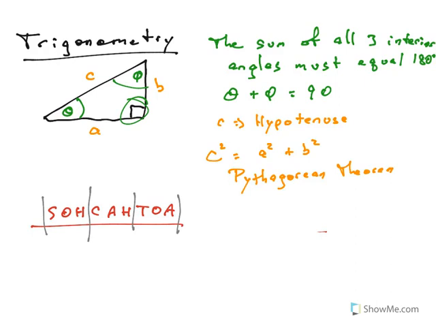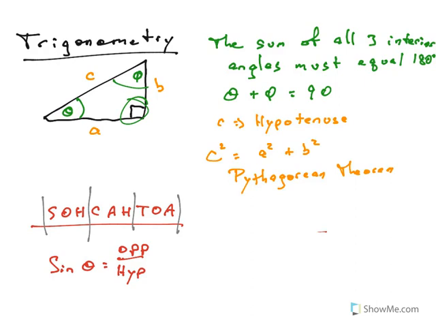So the first piece, SOH, says the sine of the angle theta is equal to the side opposite to the angle theta divided by the hypotenuse. So that's SOH. Sine is opposite over hypotenuse.